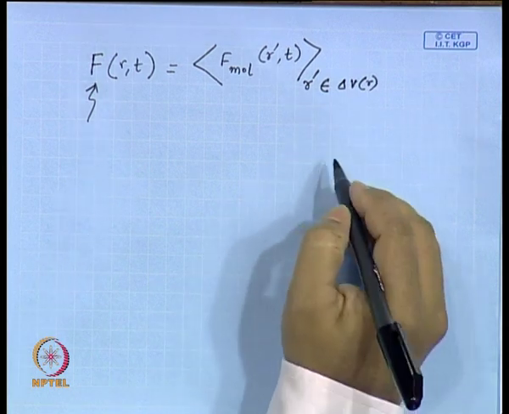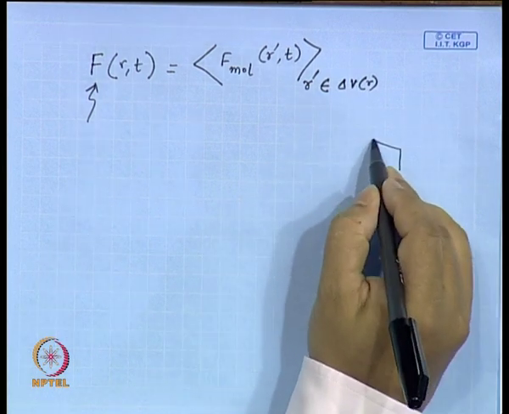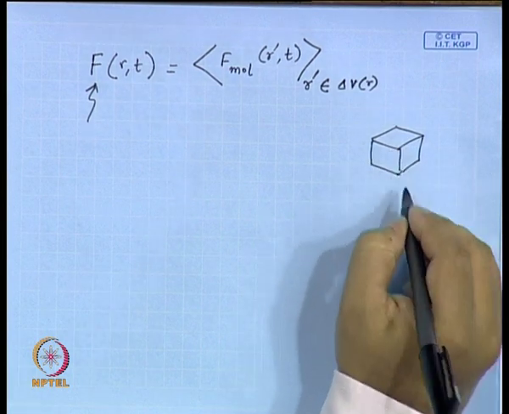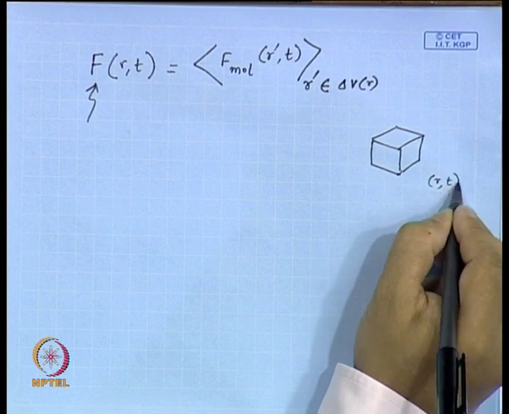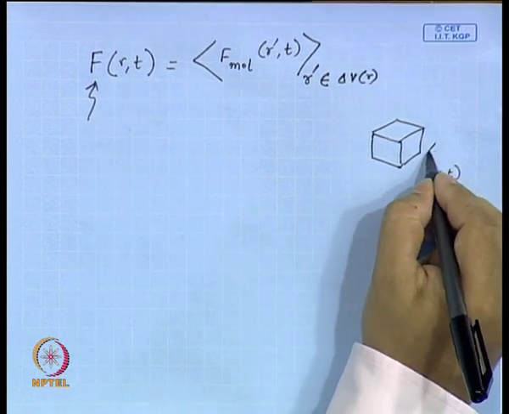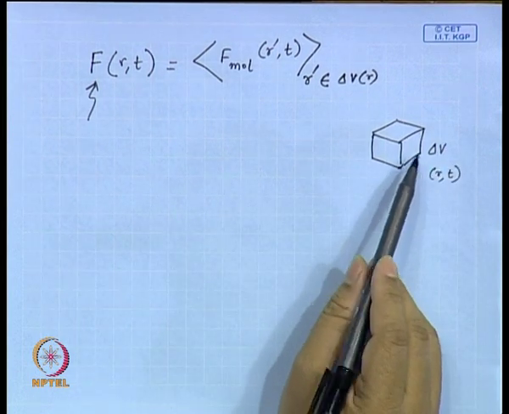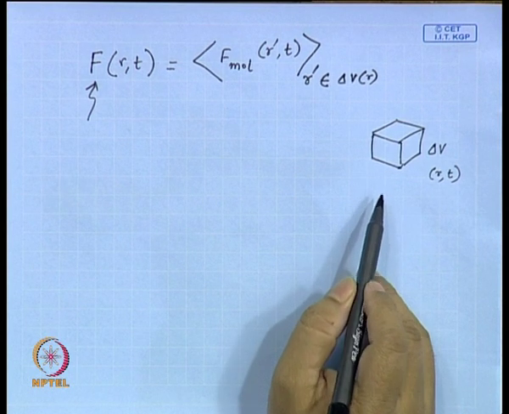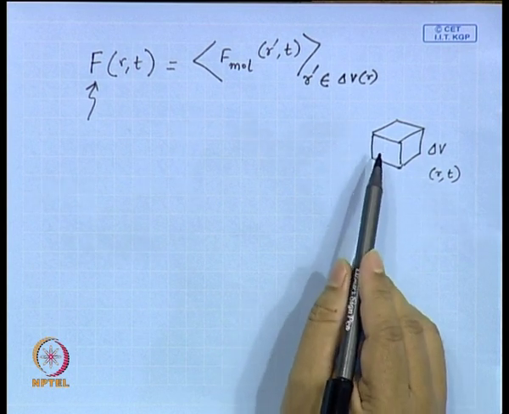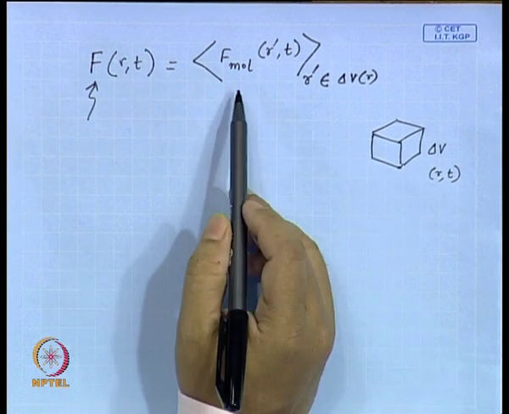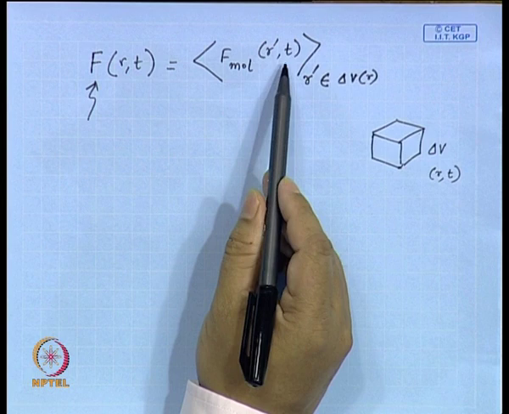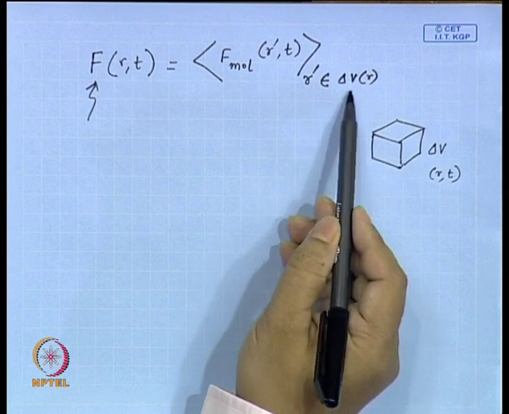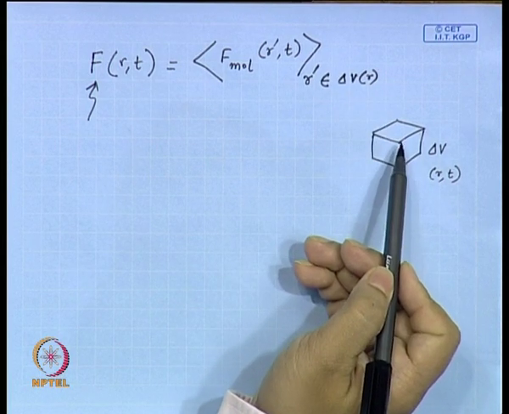All right. So, what you are doing is picking up a volume which is at position r at time t, and that volume is delta V. Within this liquid volume, the molecules that are there, you take them as f. So, that corresponding molecular property is f molecule (r',t), and that position r' belongs to this volume element.